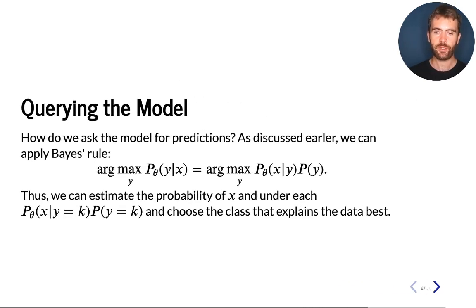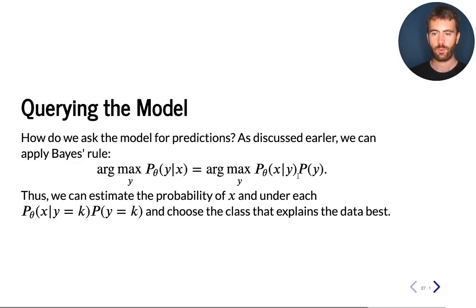Again, I just want to remind you that if we want to query the model for a particular prediction, we can use the following equation, which is an application of Bayes' rule. I have used Bayes' rule to invert this probability, and now what's on the right, both P of Y and P of X given Y, are probabilities for which we have an expression.